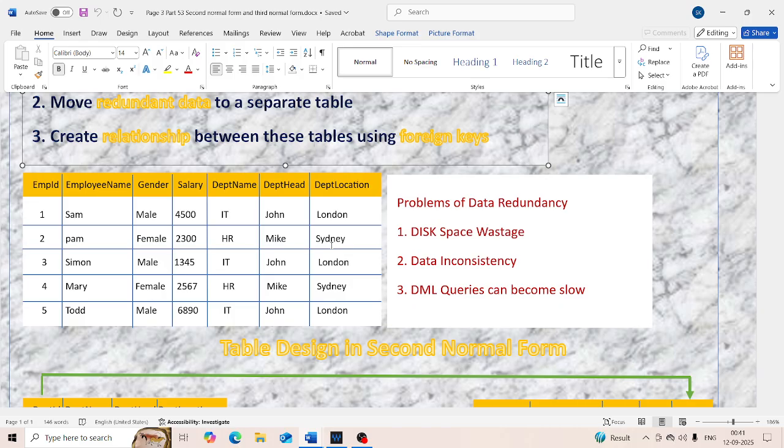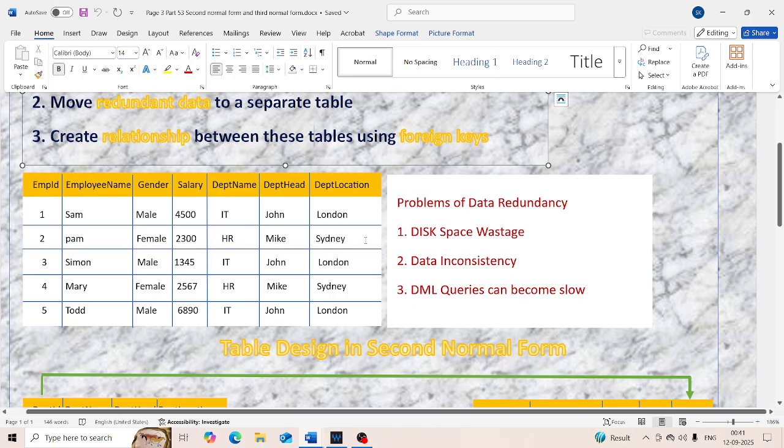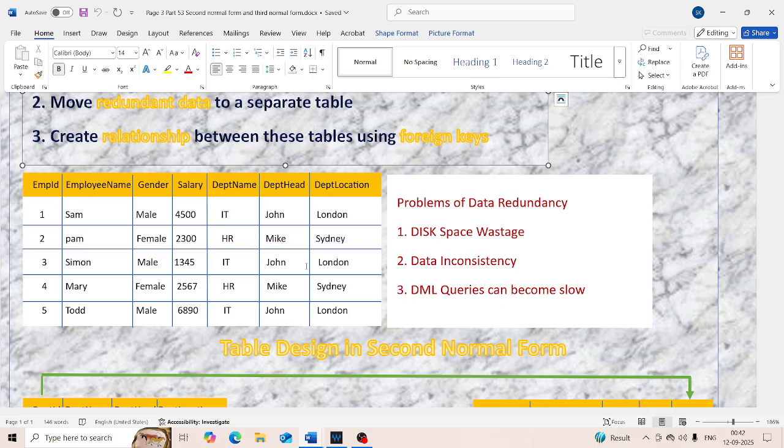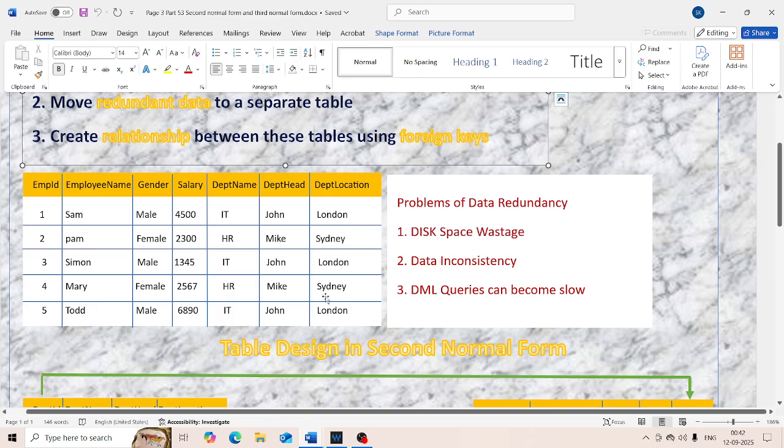But then since I am storing these three columns within the employees table, I have to repeat those columns for every row.